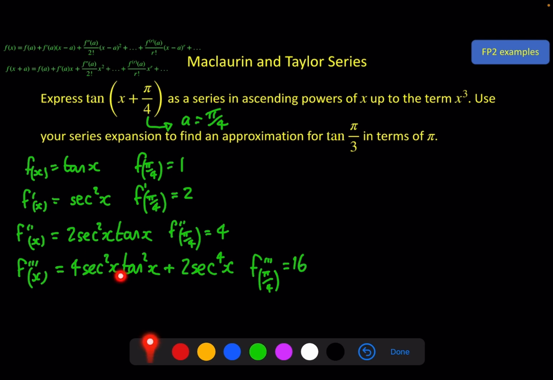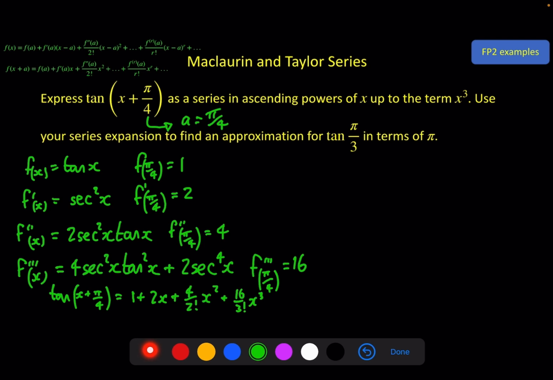So we've got all the information now. We need to put it into the formula, and we are expanding tan of x plus pi by 4 to give 1 plus 2x plus 4 over 2 x squared. 1 plus 2x plus, let me write 2 factorial still for a second, x squared, and then the third one is plus 16 over 3 factorial x cubed.